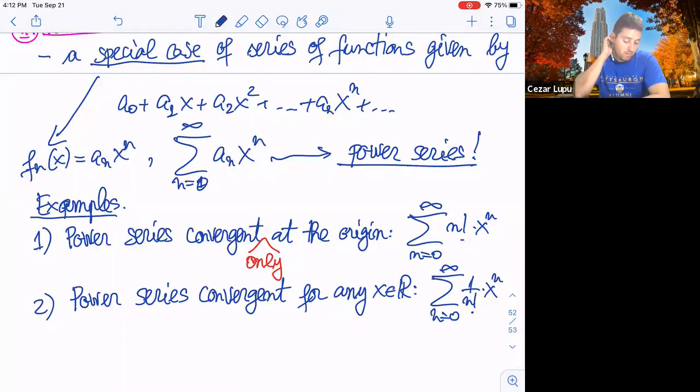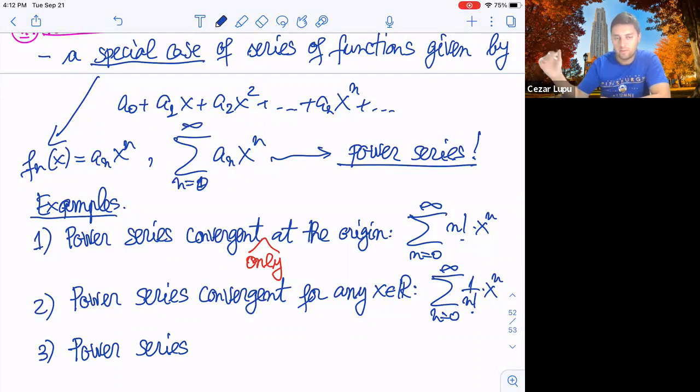And the third scenario, we can have power series which are convergent up to some real number, and then they diverge. For example, convergent for any real x which is less in absolute value than a positive number, and then diverge for any real x which is greater in absolute value than some positive constant. And that positive constant is what we will call the radius of convergence.